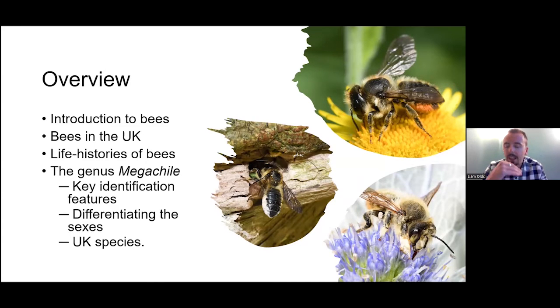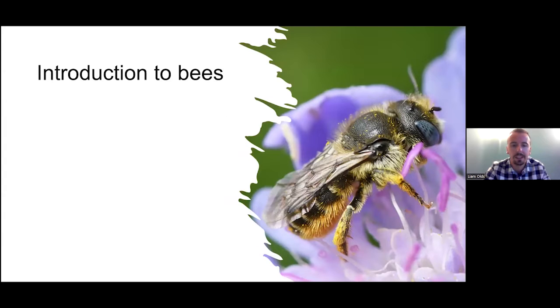And then we'll finally go through our UK species and talk a little bit about the key identification features of those species, where they're found in the UK, the habitats, their favourite flowers they like to visit, that sort of stuff. So that's the general gist of the talk this evening.